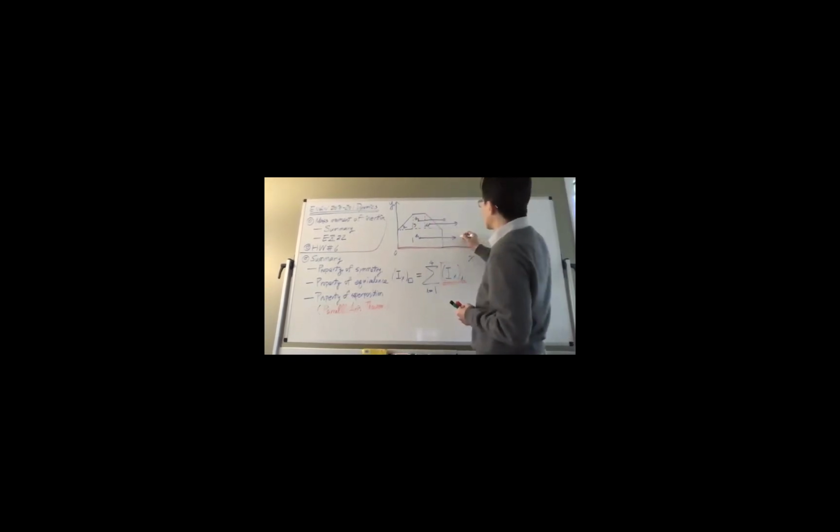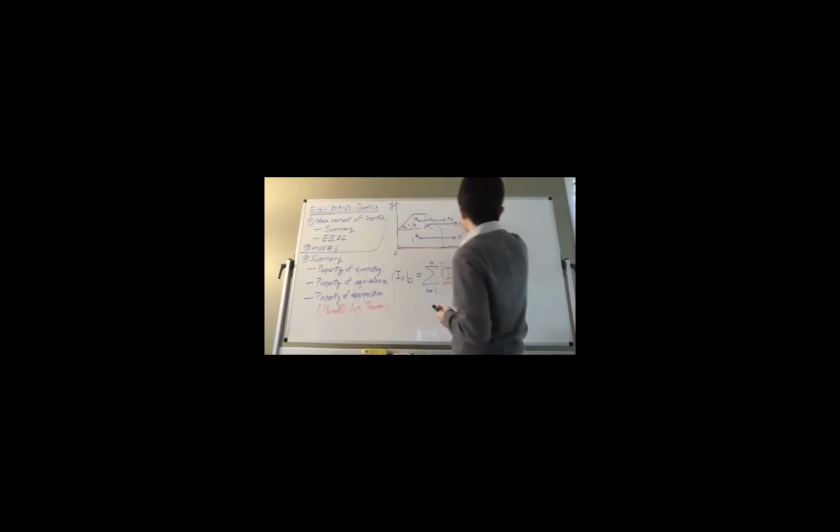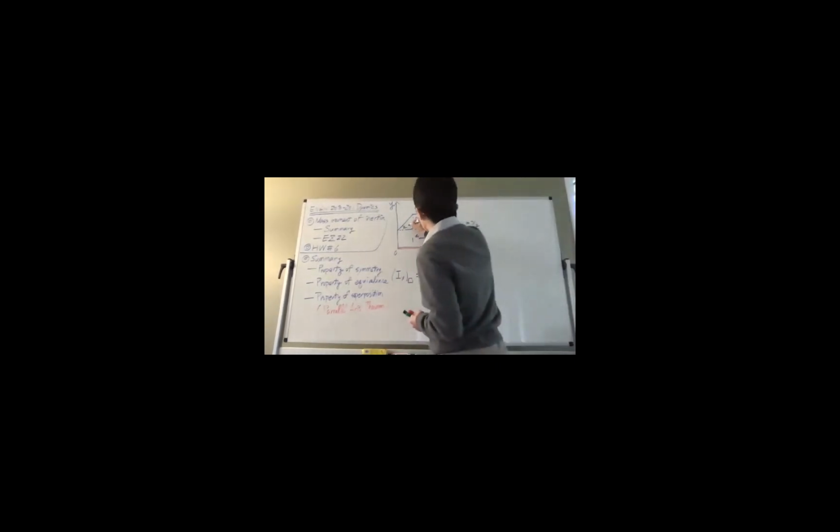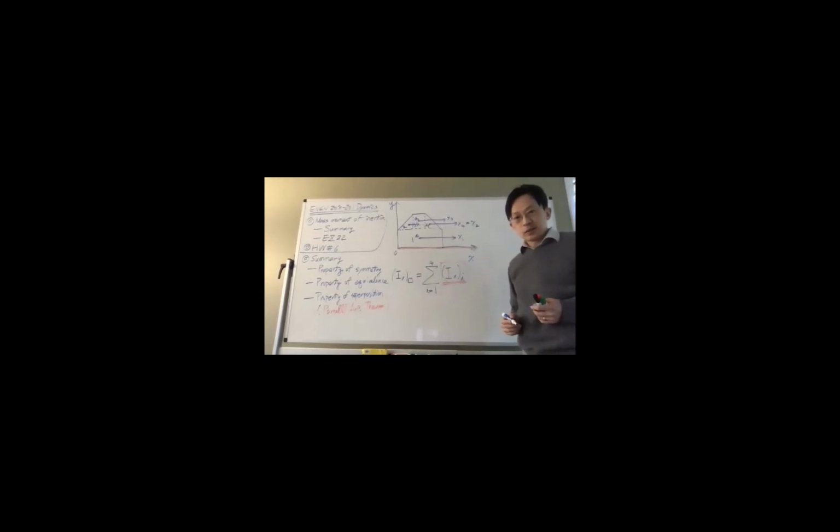So you can call this X1, X4, X3. Now in this case, X2 is just X4 because they're all on the same level. Individually, they have their own centers of gravity.